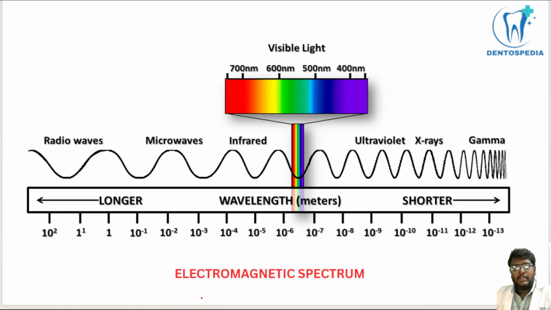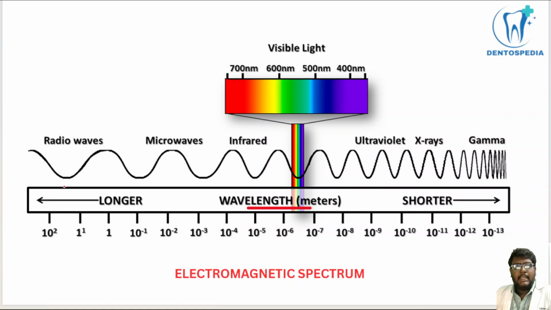and this is the electromagnetic spectrum, where multiple radiations are present in an order of wavelength. We have radio waves, microwaves, infrared, visible light wavelength, visible light frequency, and we have ultraviolet rays, X-rays, and gamma rays.